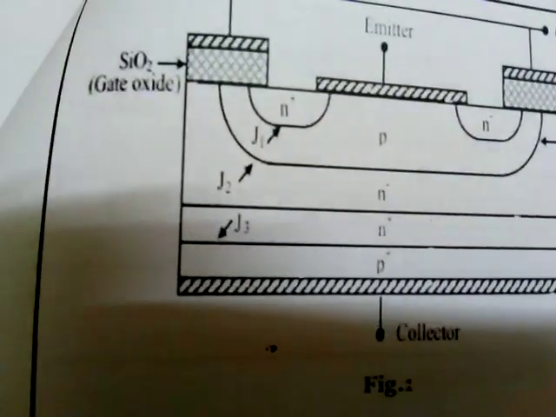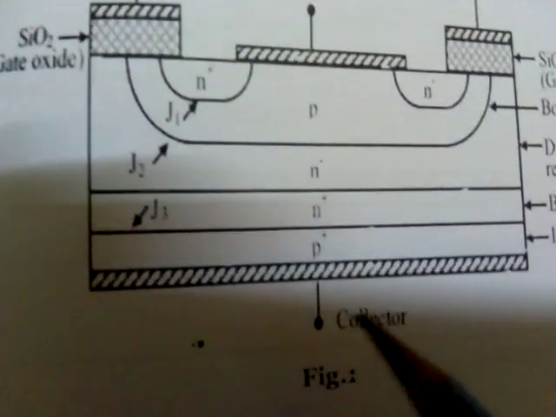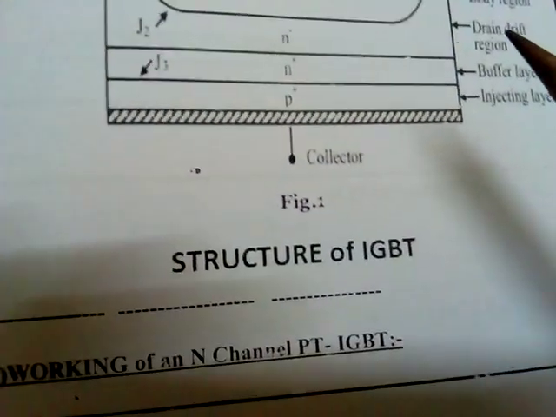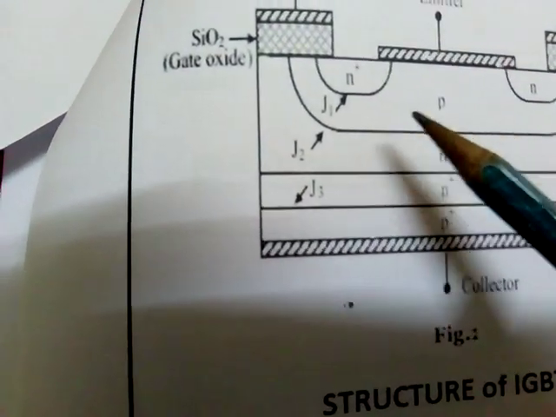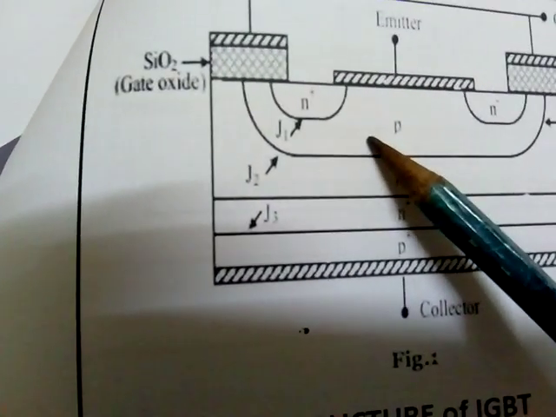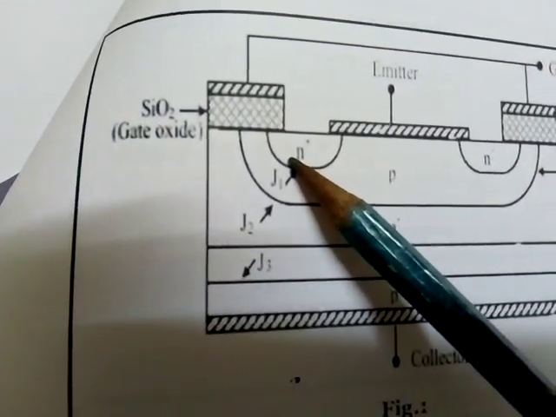We have silicon dioxide layer here. So, this is an N-channel MOSFET.